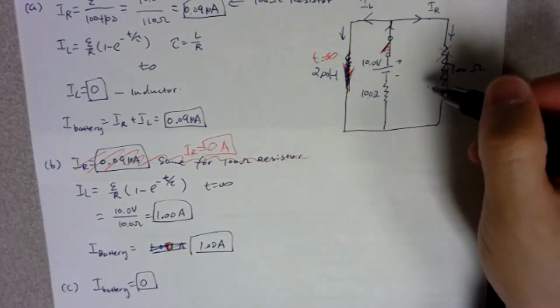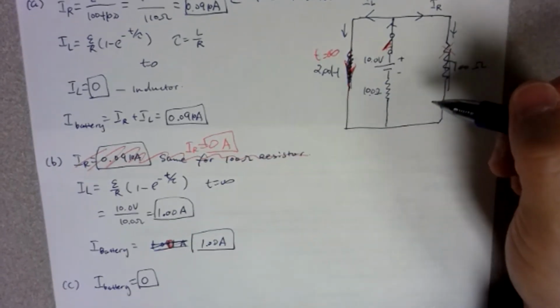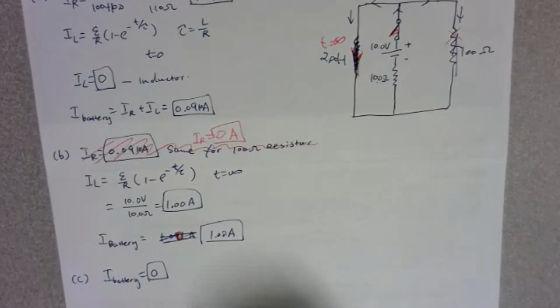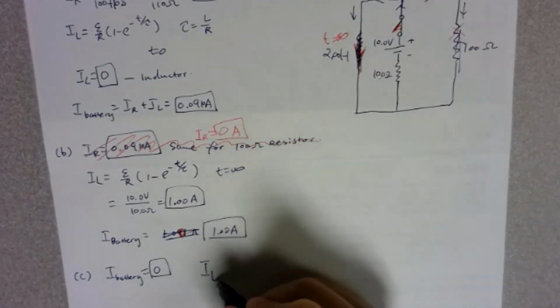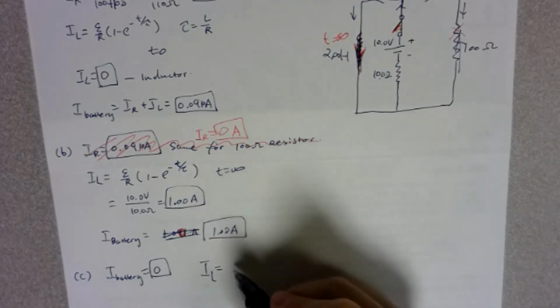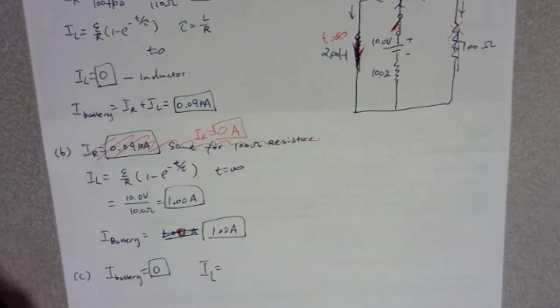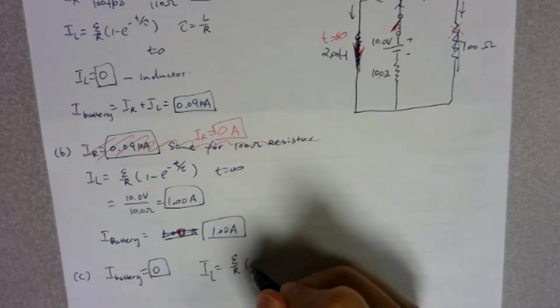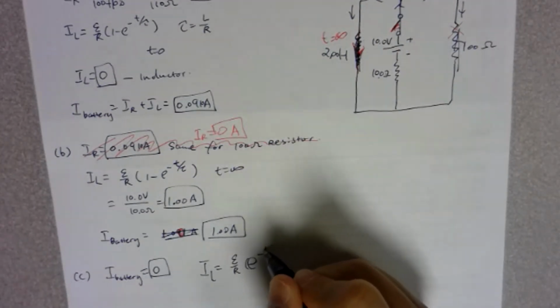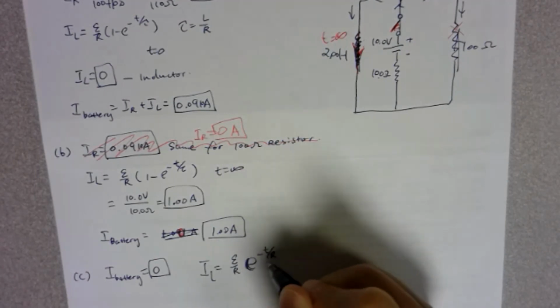So these two should have the same current, right? So the current in this inductor now, as the discharging for the inductor, you can look one slide back. The current is epsilon over R times e to the minus t over tau.